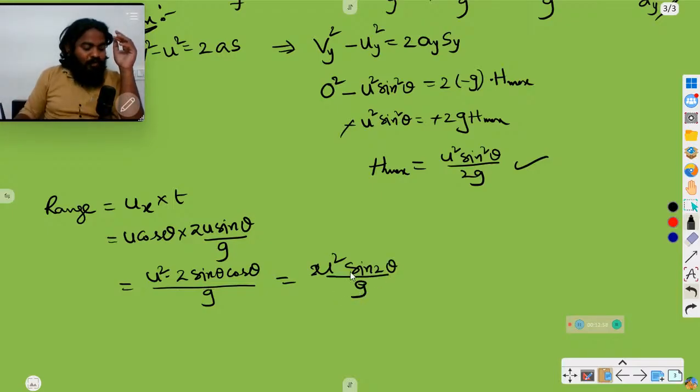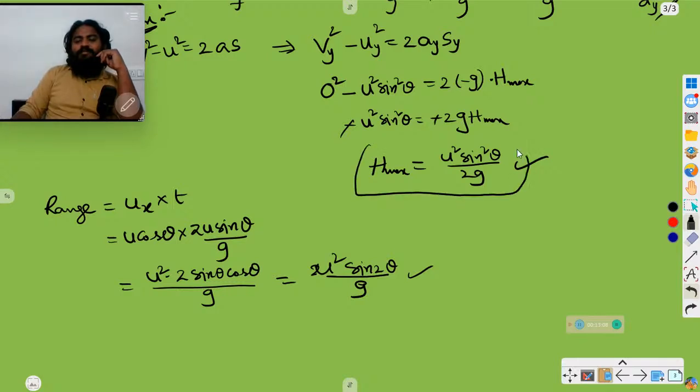U square sin 2 theta by g is the formula for the range. What is the height formula? U square sin square theta by 2g. What is the range formula? U square sin 2 theta by g. This is the formula for a range.